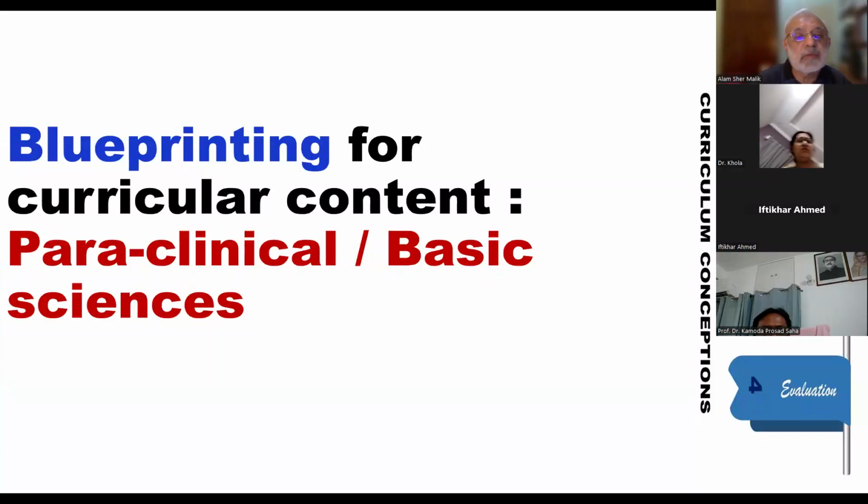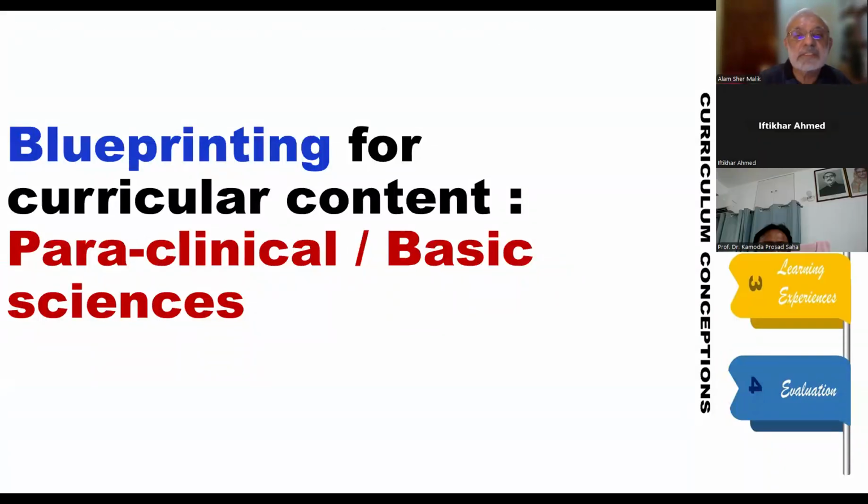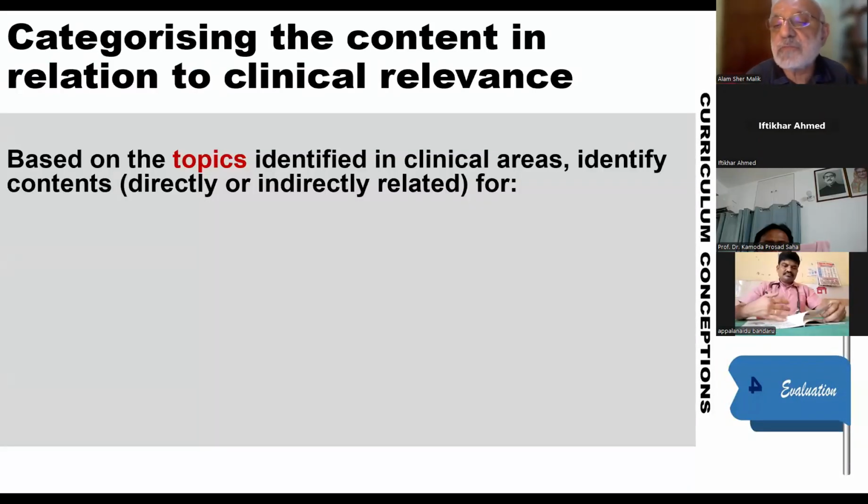Here is an example of paraclinical and basic sciences. Again, because we have this top-down approach, the topics would be the ones which we have identified based on our previous research of common and life-threatening conditions. And then we have prioritized and we now have specific topics, and we have identified their clinical knowledge, skills, and attitude required.